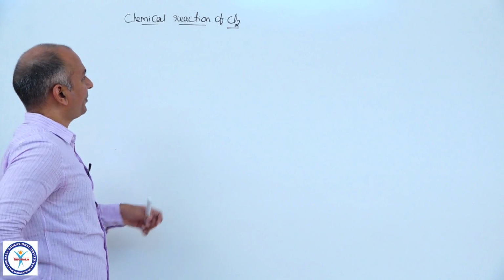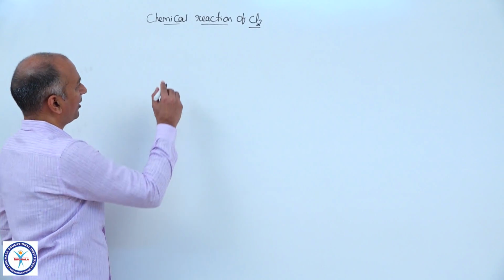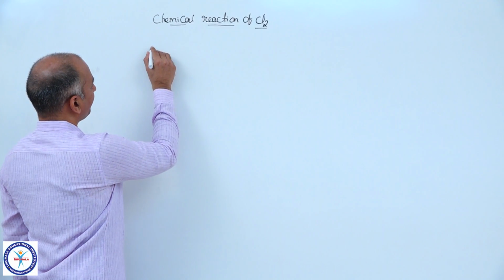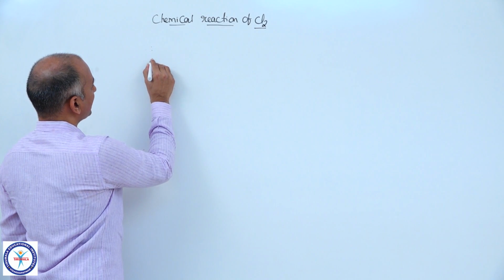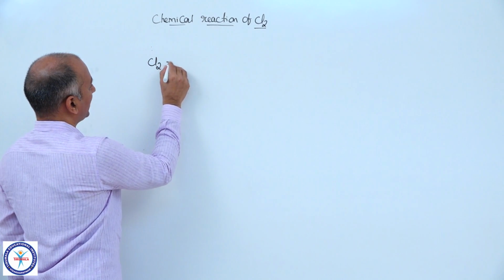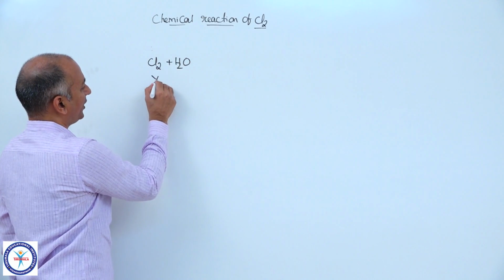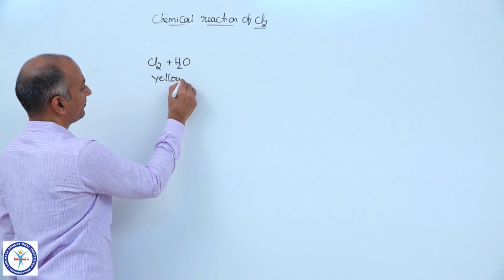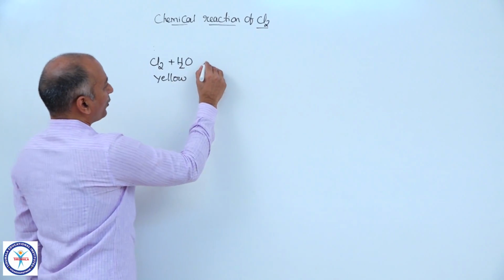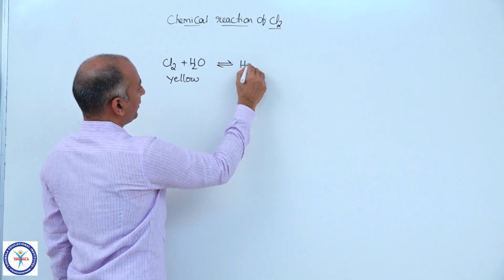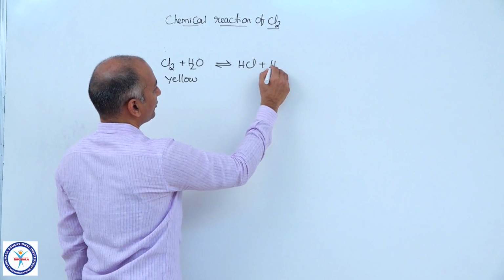Okay, in this topic, first let me make you recall the reaction of chlorine with water. And you know, chlorine water is yellow in color. Now, chlorine reacts with water to give HCl and HOCl.